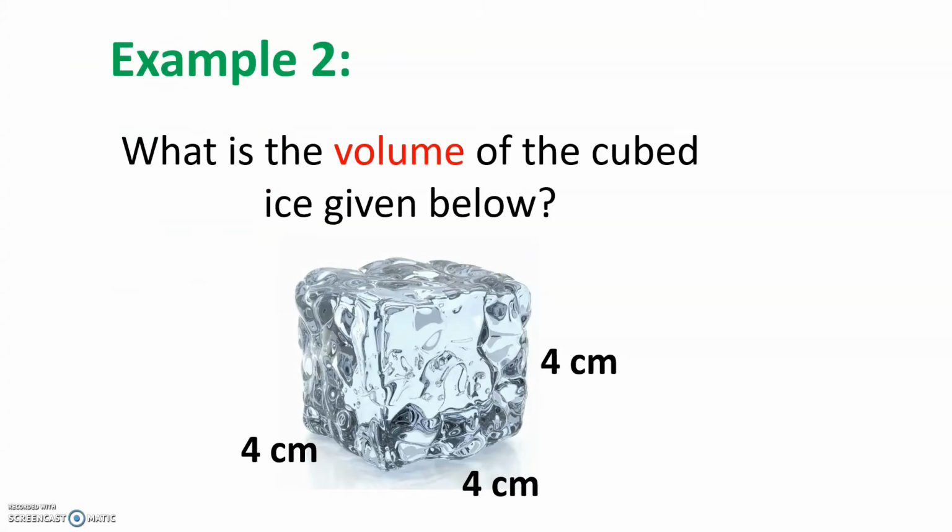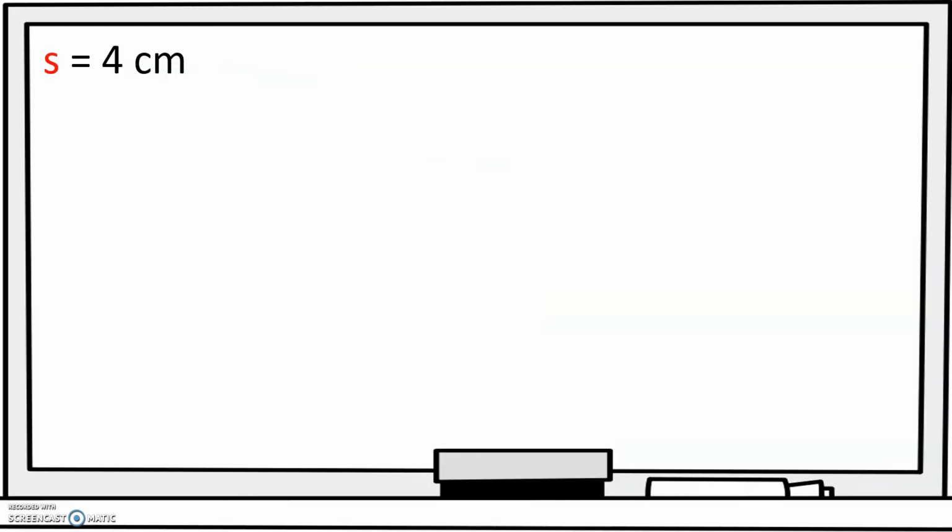This time, we are asked to find the volume of the cubed ice given below, which measures 4 centimeters on each side. Again, for us to solve for the volume of a cube, we use the formula V is equal to side times side times side. Since the measure of the sides of the cubed ice is 4 centimeters each, we will have 4 times 4 times 4. 4 times 4 is equal to 16.